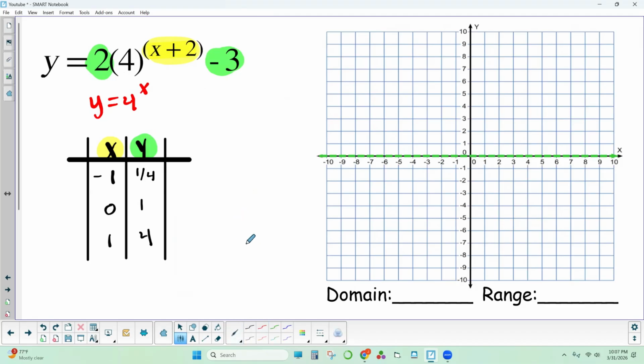All right, so what I like to do is at the top here, I'm going to write what I'm going to do to my x table here. I'm going to subtract 2. So remember, you do the opposite inside the function. I'm going to subtract 2. And with my y values, I'm going to multiply by 2 and then subtract 3.